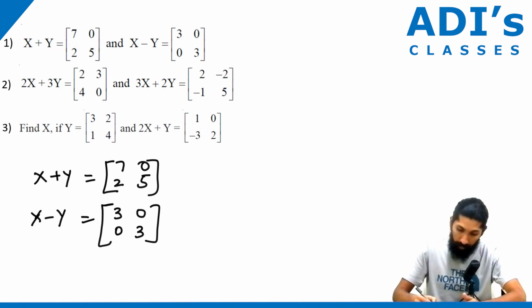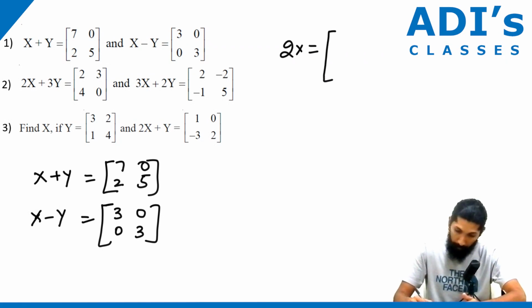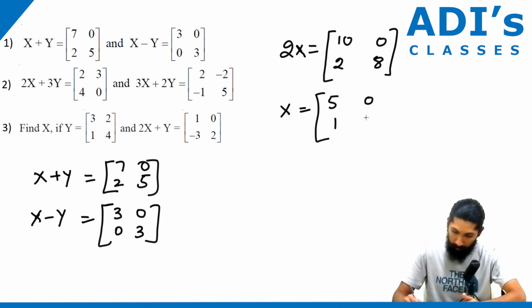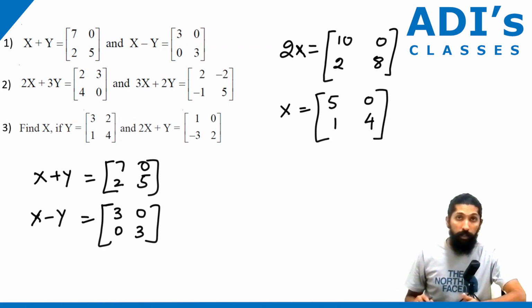So you're going to get 2x is equal to, when you add both the matrices, 10, 0, 2, 8. Divided by 2 to get the value of x. So x is equal to 5, 0, 1, 4. This is the value of x.